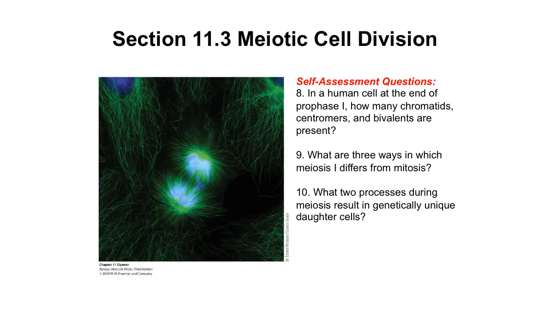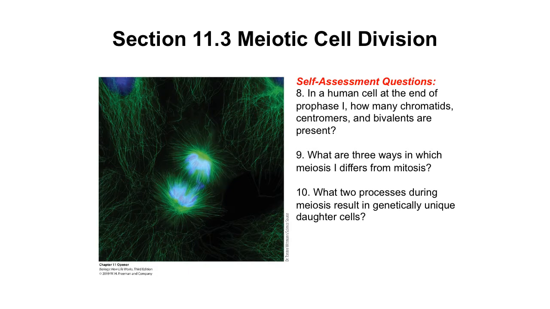By the end of this section, please also spend time to do the self-assessment questions to assess your understanding. So there are three questions here. One, in a human cell at the end of Prophase I, how many chromatids, centromeres, and bivalents are present?